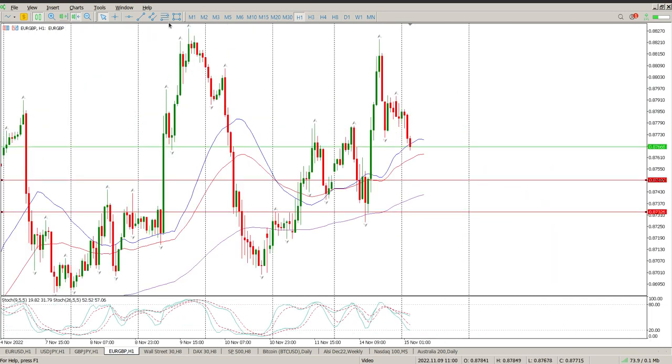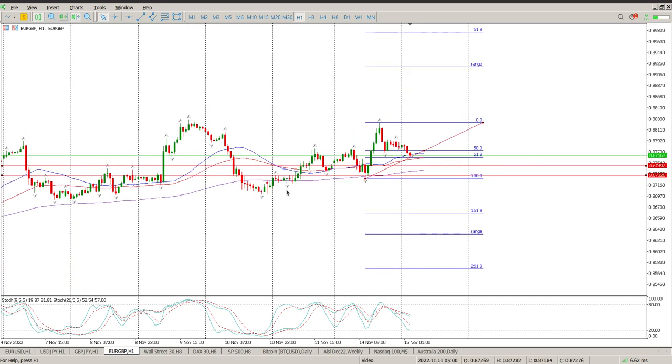And this is quite simple. Standard Fibonacci retracement. And you can see we're in the 61.8 zone. So there's my, if you call that the range, it's my range target. There's my 161 extension.